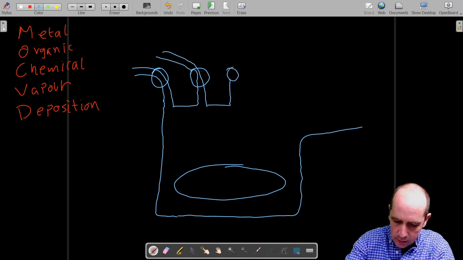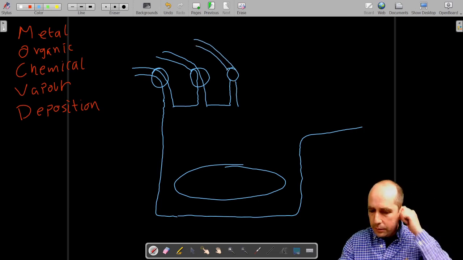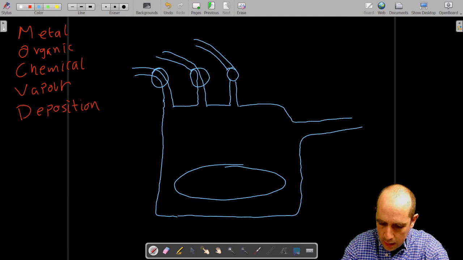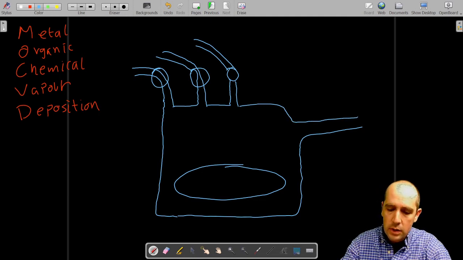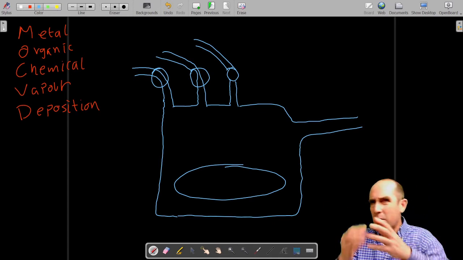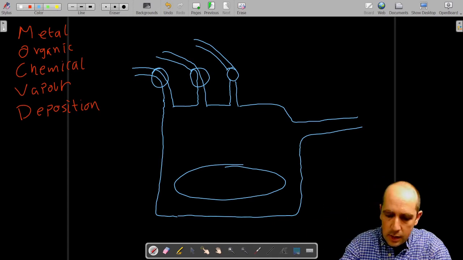And these gases are typically gases that contain an organic radical. So it's typically something with carbons and hydrogens and so on.